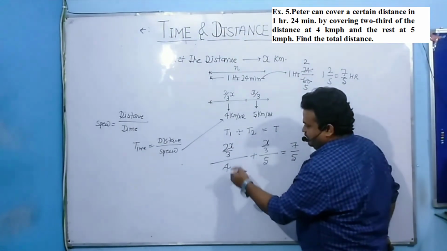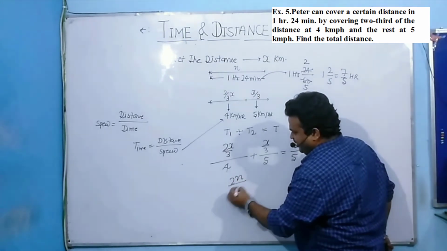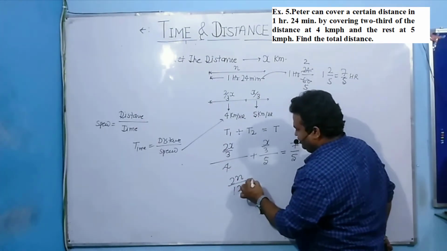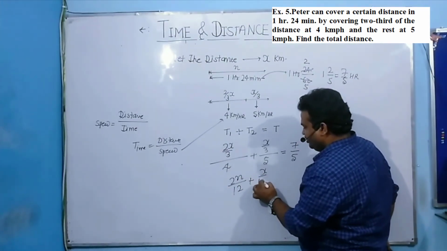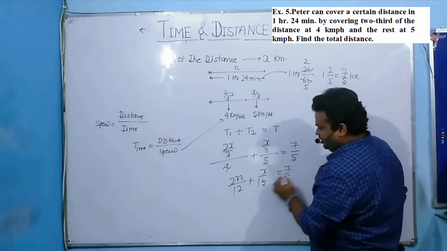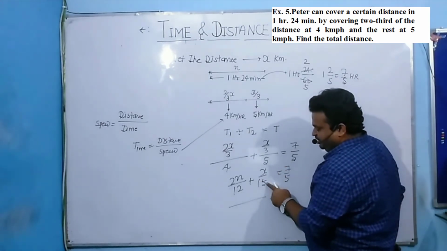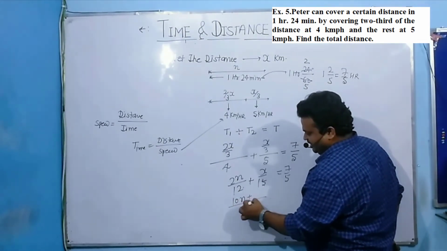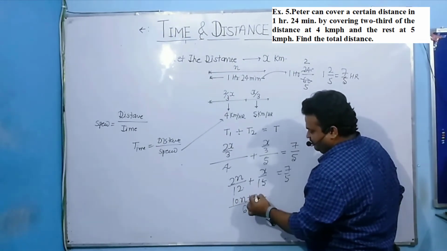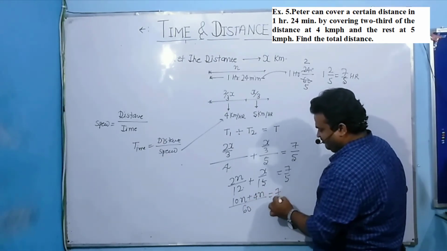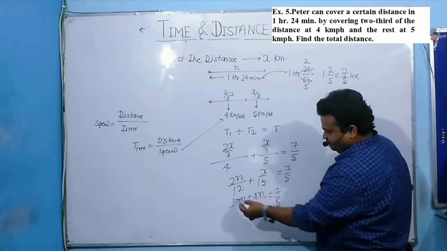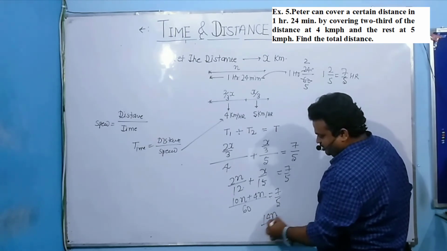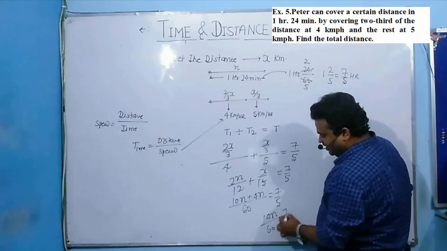So this is 2x by 3 times 4, that is 12, plus x by 15, is equal to 7 by 5. Now take LCM. So 5 times 2x is 10x, plus 5, 15 times 4 is 60, 4x... 14x divided by 60 is equal to 7 by 5.